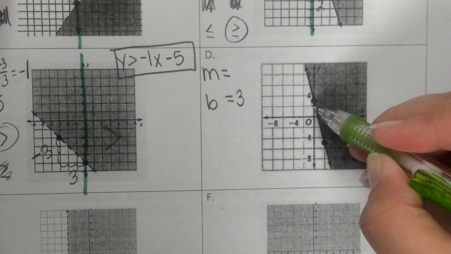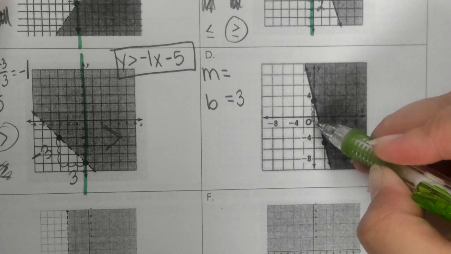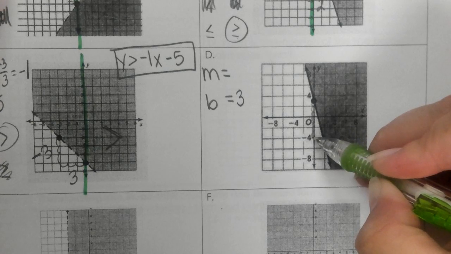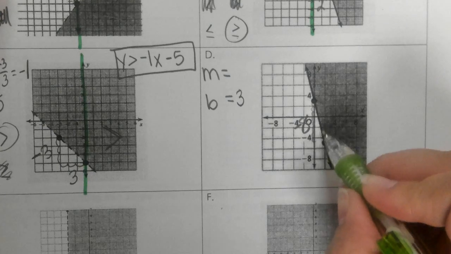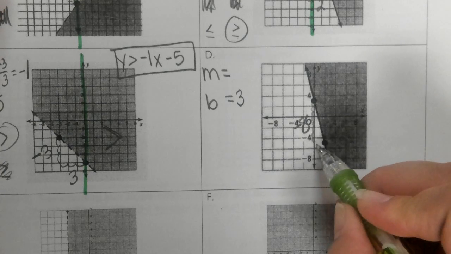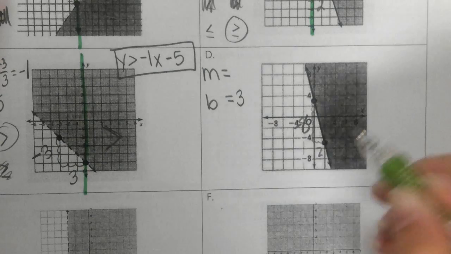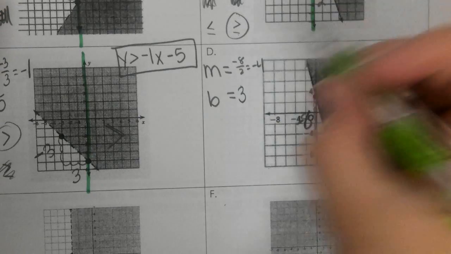So down 1, 2, 3, 4, 5, 6, 7, 8. And this is counting by 2's as well. So we're going to go all the way here. That means that's 1, 2. So negative 8 over 2 is actually negative 4.